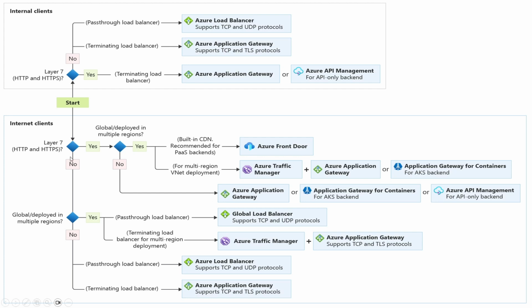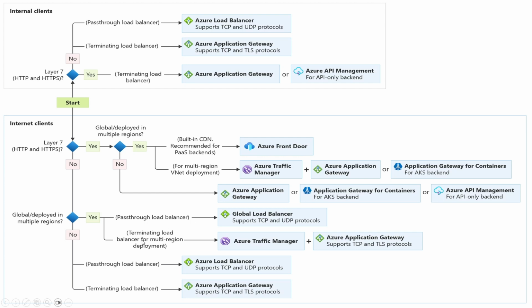Now, if it is not layer 7, if it is at layer 4, first we need to check whether it is globally deployed or not. If yes, and you want to use a pass-through, you can use the global load balancer. We said that Azure Load Balancer can be either regional or global.